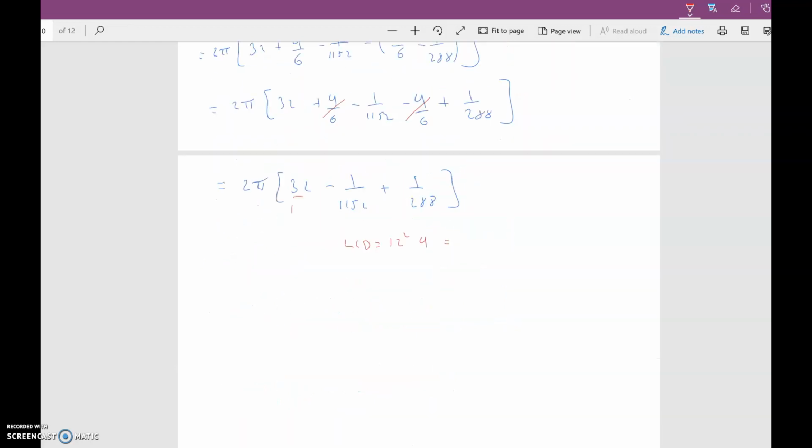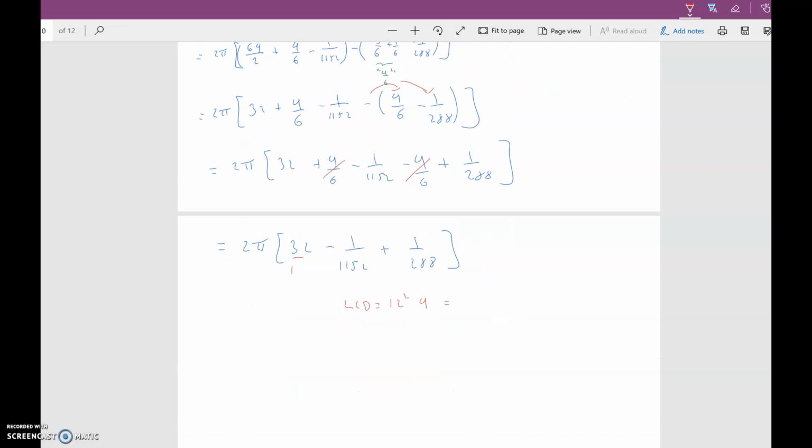Okay, now we're good. So 12 to the second times 4. Okay, so it is 12 squared.